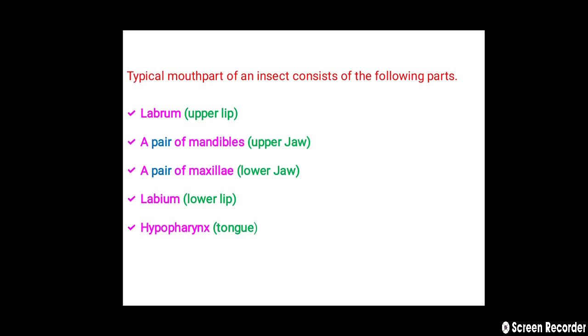First part is the labrum, the upper lip of the insect. Then second is a pair of mandibles, the upper jaw of the insect. Third one is a pair of maxillae, the lower jaw of the insect. Fourth part is the labium, the lower lip of the insect. And last one is the hypopharynx, the tongue of an insect.